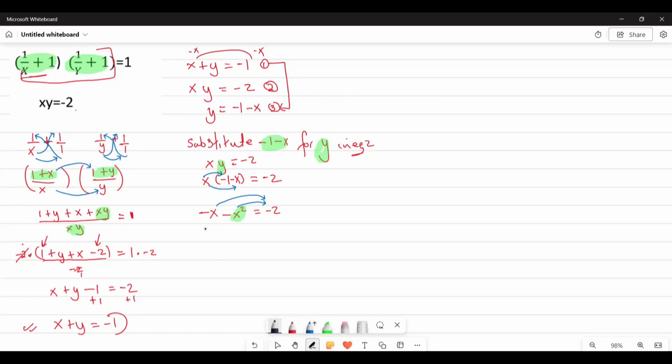And mathematically, it means I'm going to be adding x to the left side, and adding x squared to the left side. So let's rewrite what we have. Basically, what we really have is x squared plus x minus 2, and this is equal to 0.